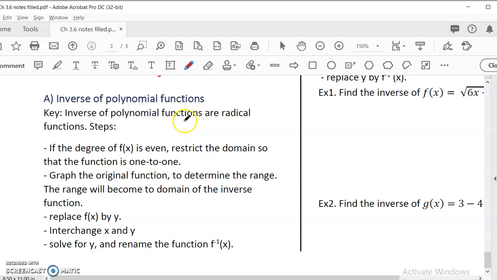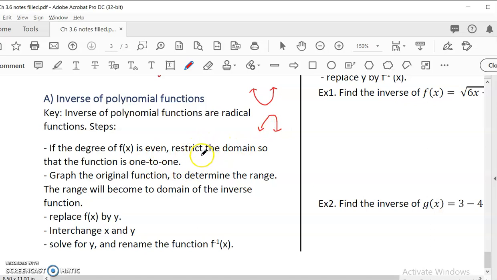Of course we know that not every function is one-to-one, especially ones like x squared and even roots, or x to the fourth or negative x to the fourth. These are not one-to-one. So we need to restrict the original domain to make it one-to-one so that the inverse is a function.